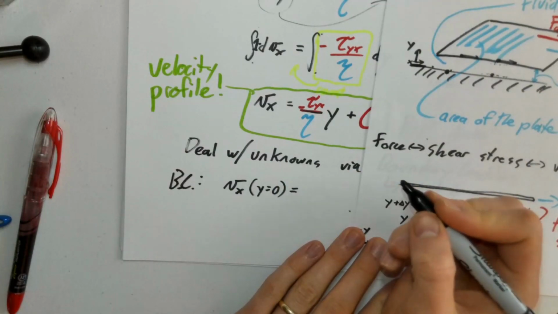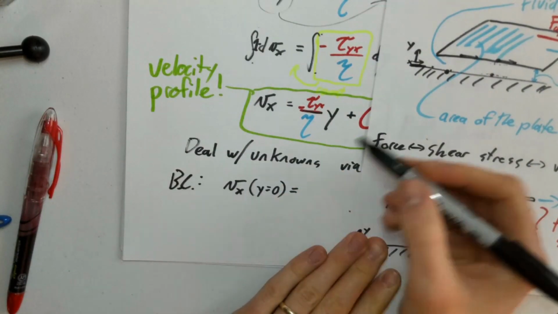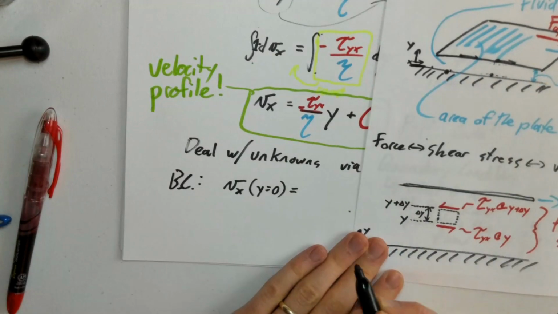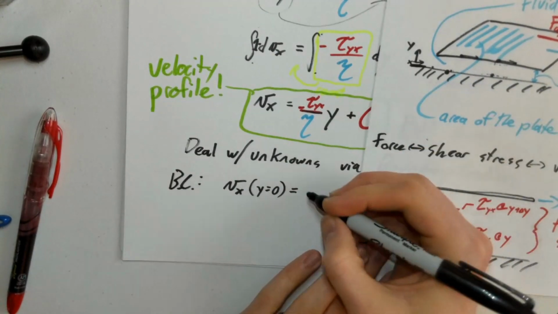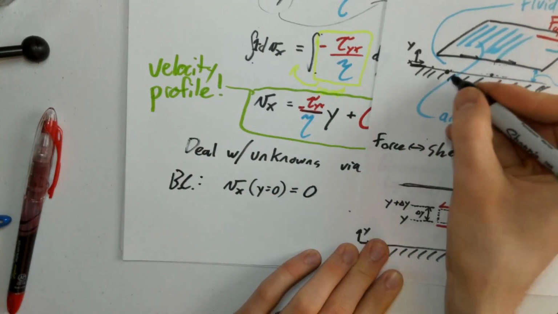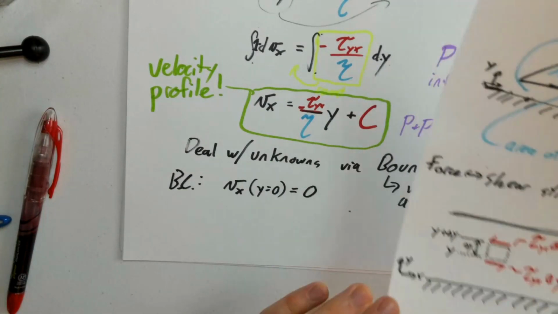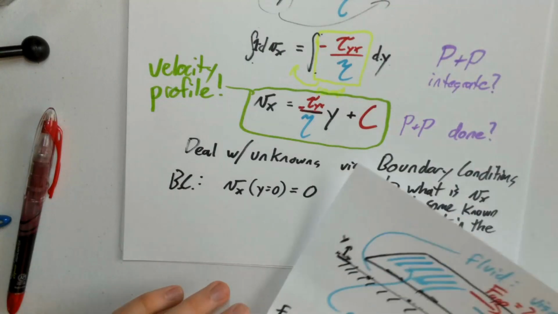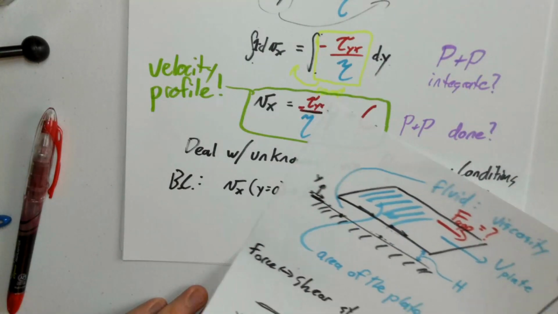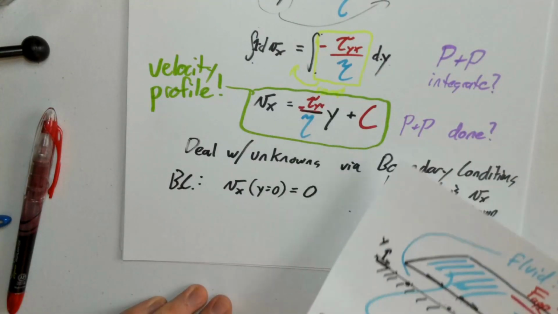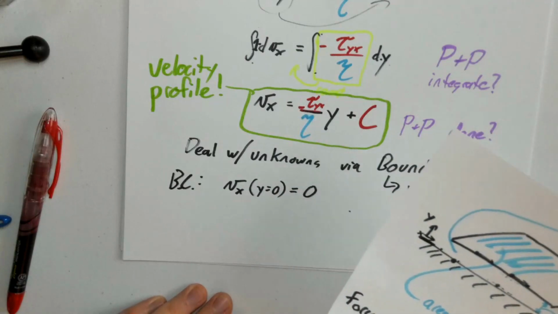This is what we call a no-slip boundary condition. The x velocity of these fluid particles has to be 0 because the ground is not moving. But we have two unknowns in our velocity profile, so we're going to need two boundary conditions to help deal with those unknowns.